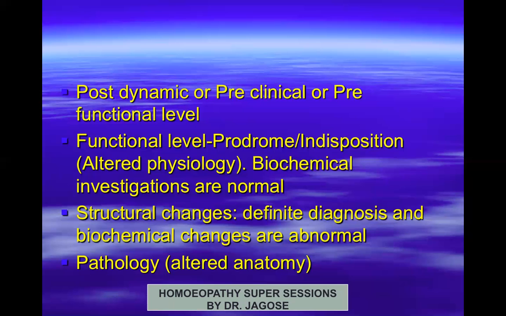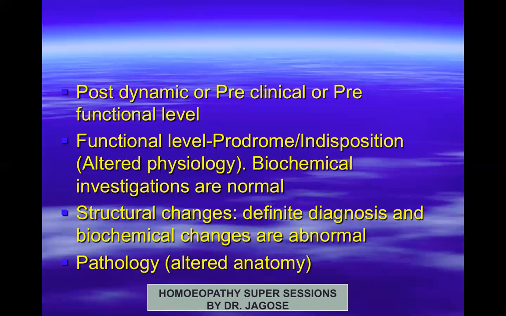So the first signs of the deranged vital force cannot be seen, as it is dynamic in nature. Initially, when the vital force is just being deranged, hardly any signs or symptoms are there, except the patient may feel when he gets up in the morning, oh, today I'm not feeling well. That's all. You see?